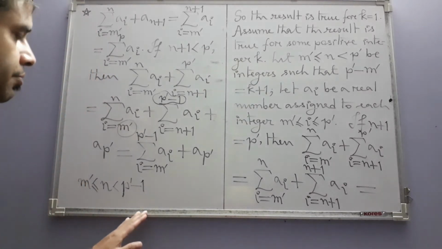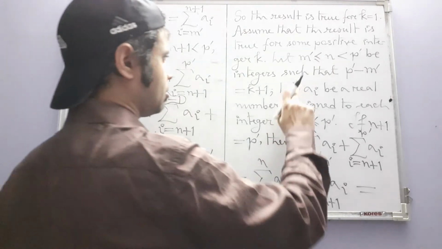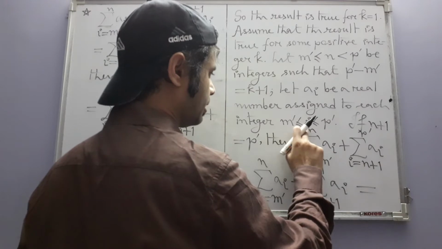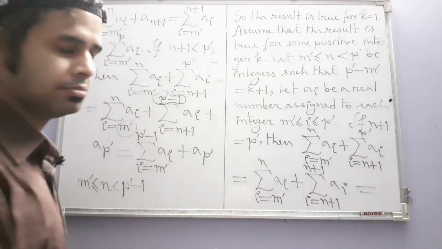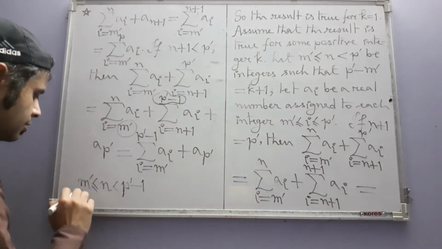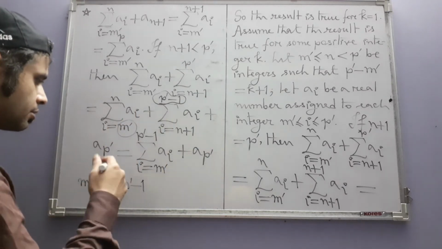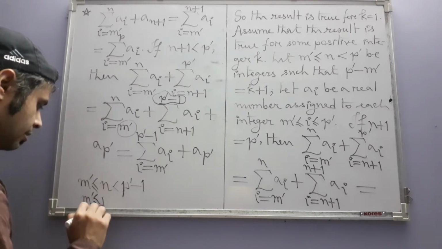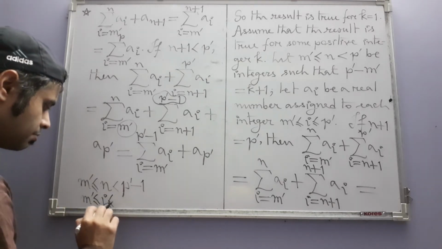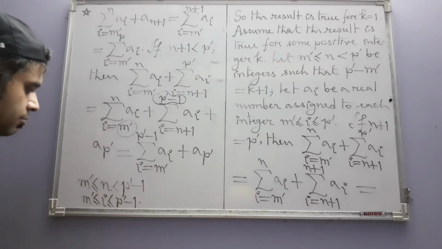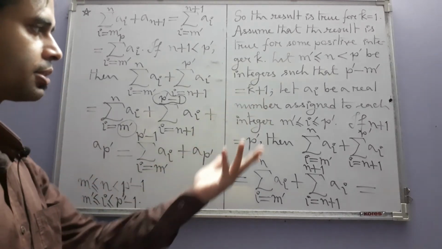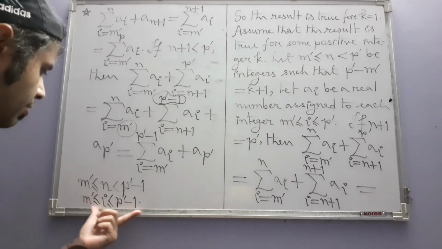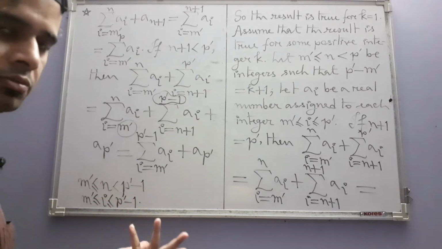Now originally we had our real numbers a_i defined for all integers i lying between m prime and p prime. So in particular we also have those same a_i's defined for i lying in this slightly smaller region, where we are just not considering p prime. So for i varying in this range, we still have real numbers a_i.